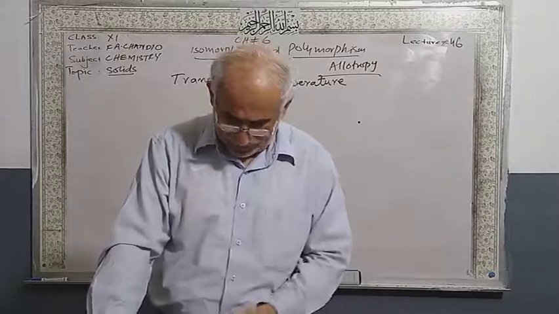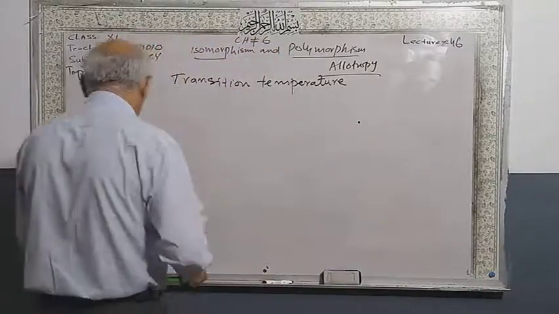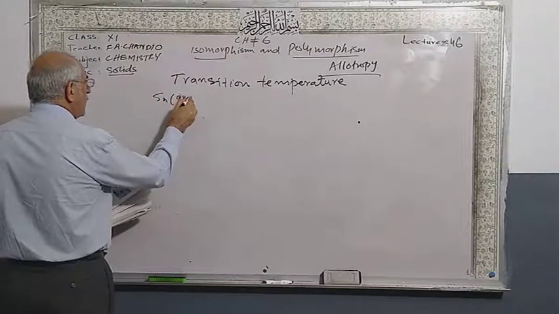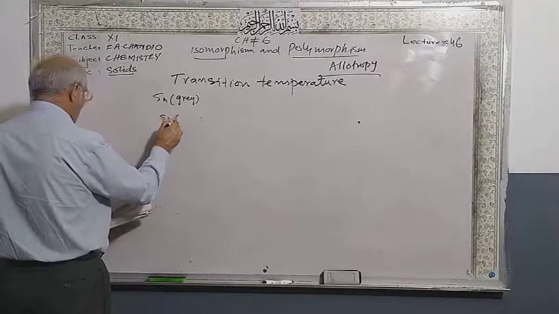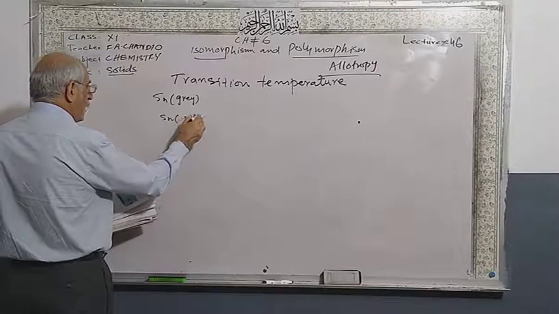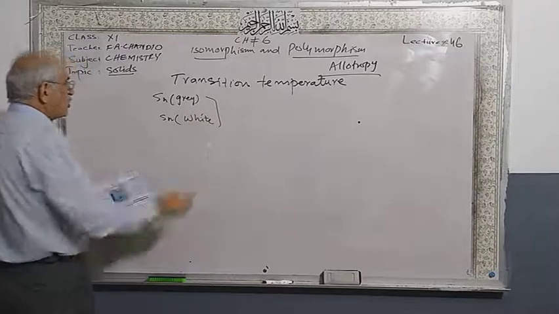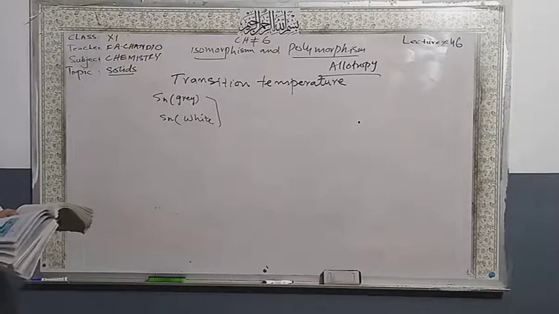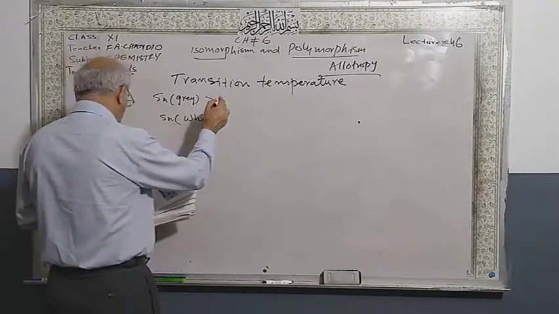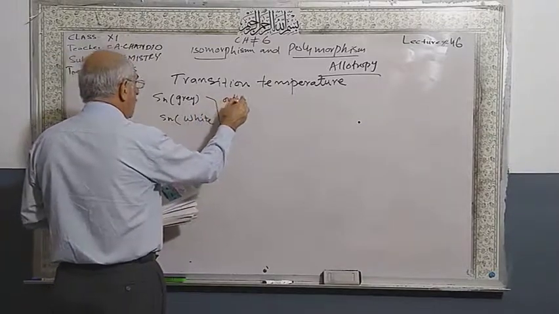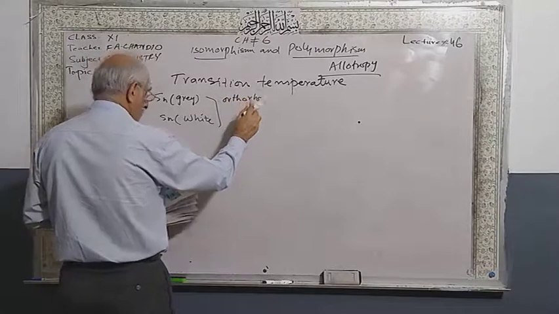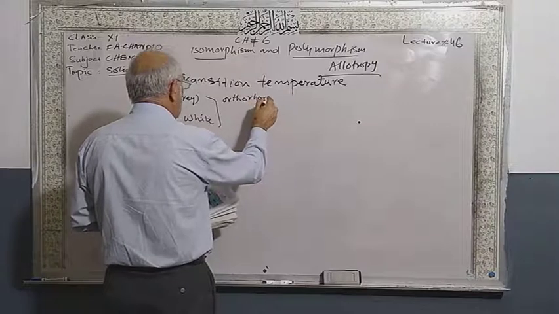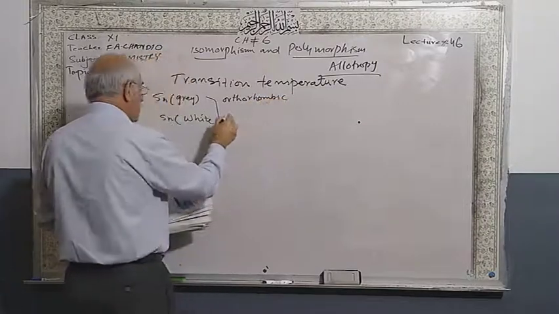That's like tin. Tin gray and tin white: both forms of tin coexist. This one is orthorhombic and this one is tetragonal.